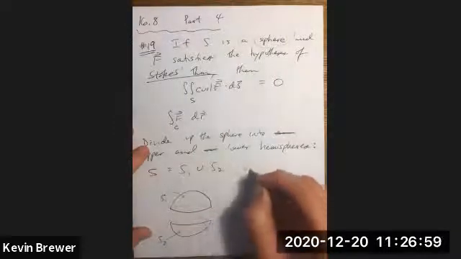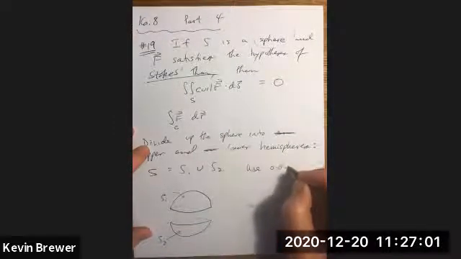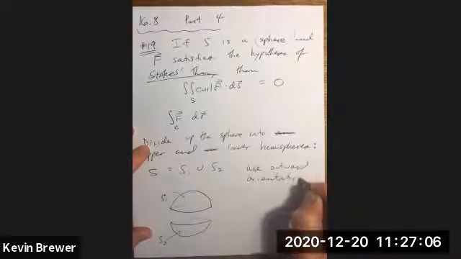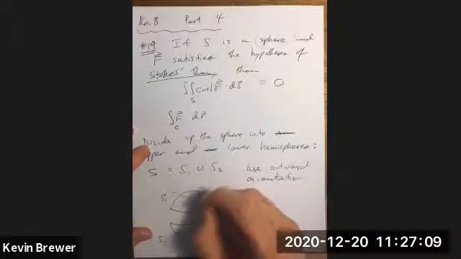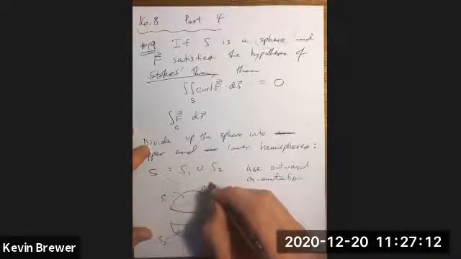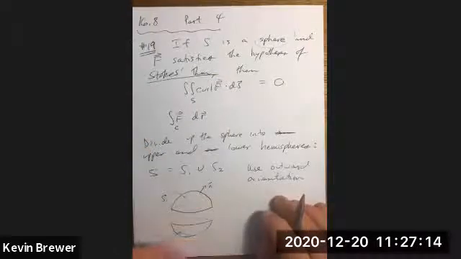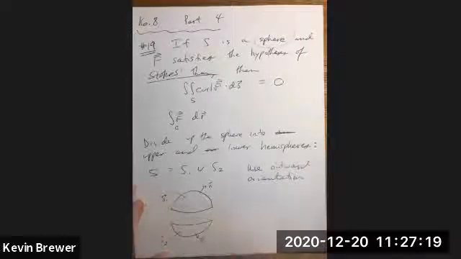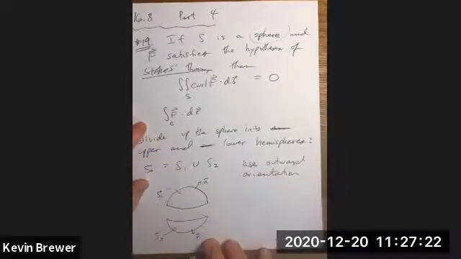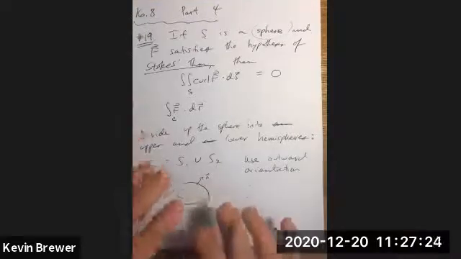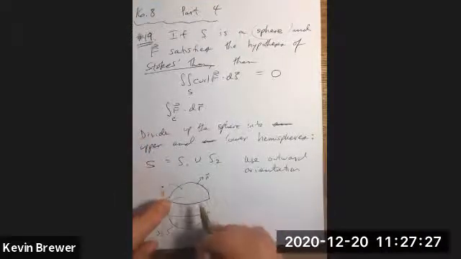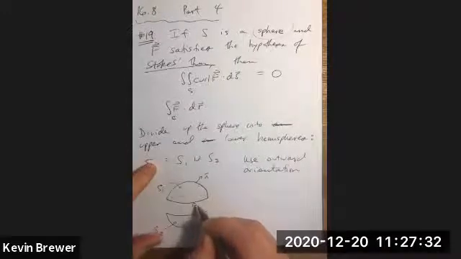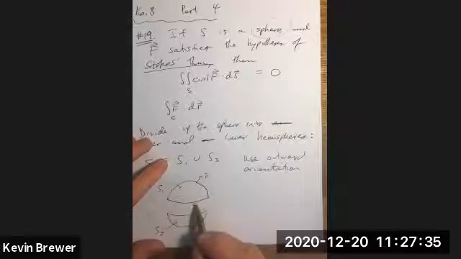So let's use outward orientation, with the normal vector like that. Rotating that normal vector around, outward orientation is like this. We've seen what that vector is for a sphere, but we don't need the details.